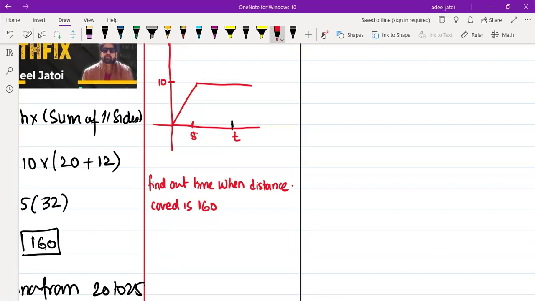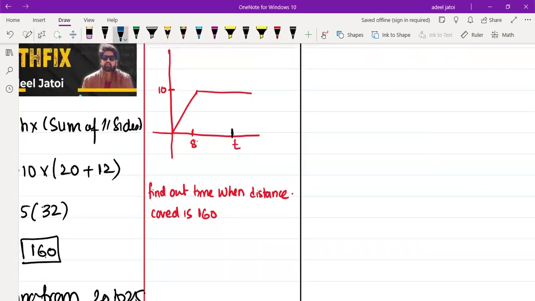So what you know is that the height of the trapezium from here till here is 10. Your one parallel line value should be t. You need to focus here. But the other line will be t minus 8.